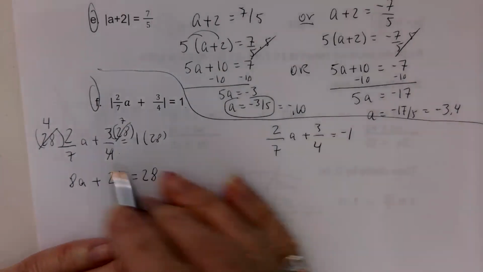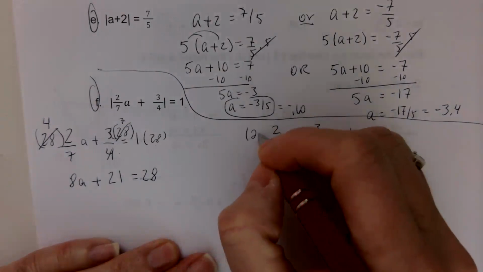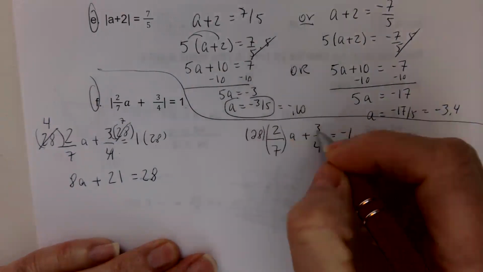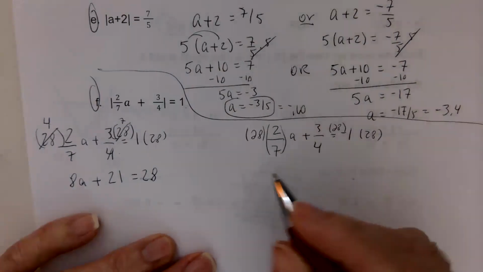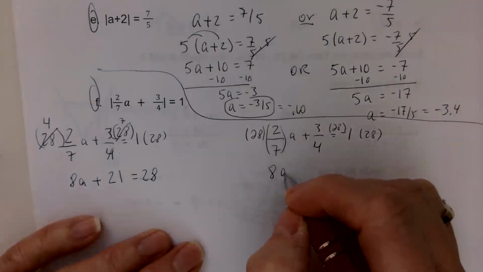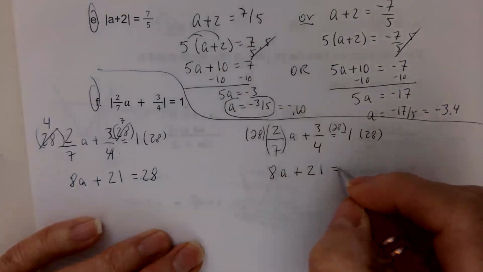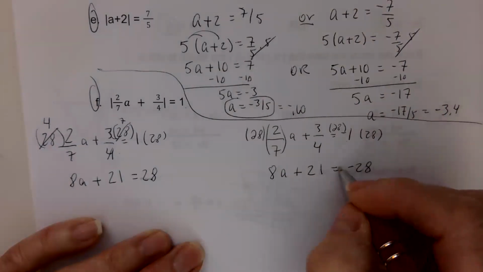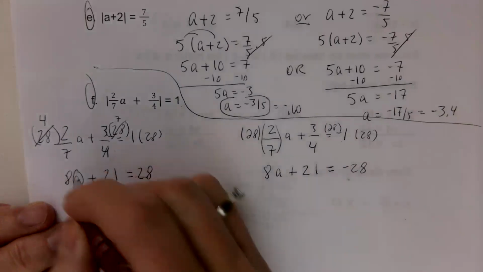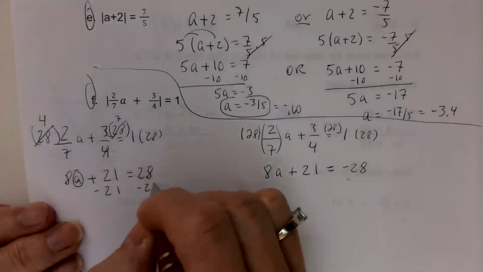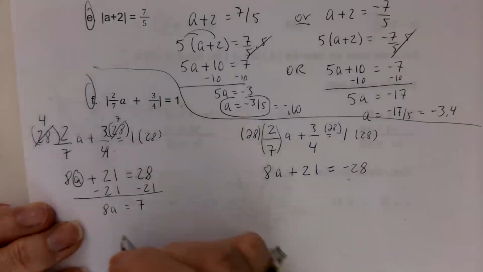Now over here, it's the same equation, except it's set equal to a -1. So we can multiply through by 28, 28, and 28. And we're going to have the same thing, 8A plus 21, except on the right, it's going to be a -28 because a -1 times 28 is a -28. Now I can solve for A. We can subtract 21. So we have 8A equals 7.